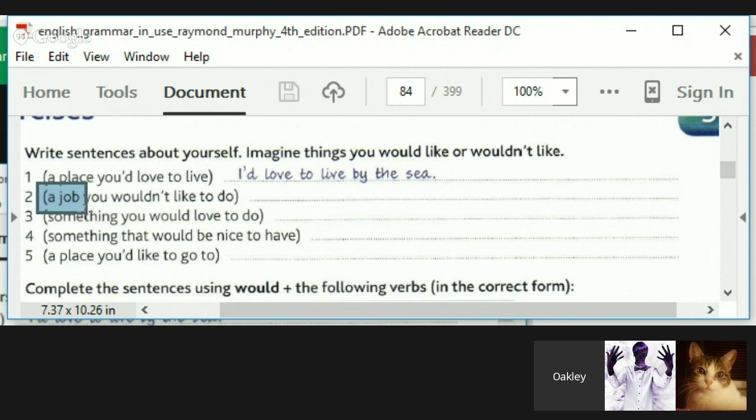Okay, we do use job that way, but just so you know, when we say job in a more general way, we generally mean work, like employment. So I wouldn't like to be a plumber. I wouldn't like to be a fireman, like that. We usually use job to mean a task.